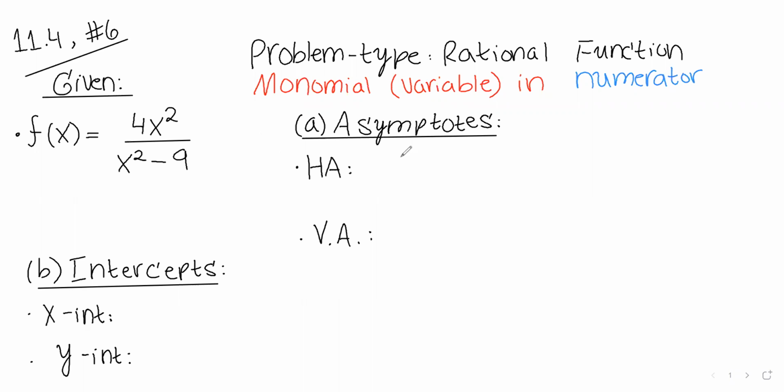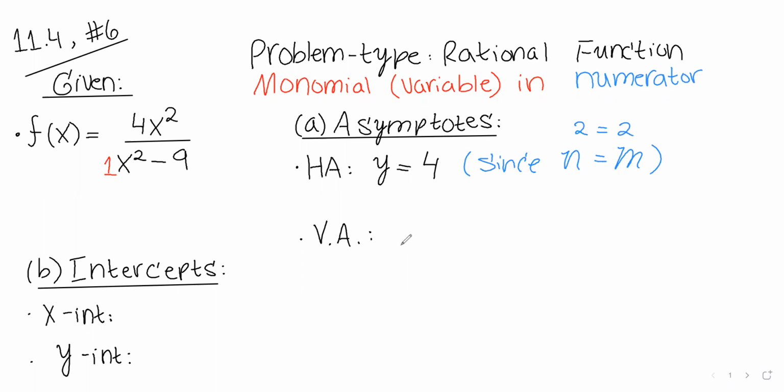Let's see. First off, the horizontal asymptote would be y equals the ratio of the leading coefficients, 4 divided by 1, or 4, since the degree of the numerator equals the degree of the denominator.